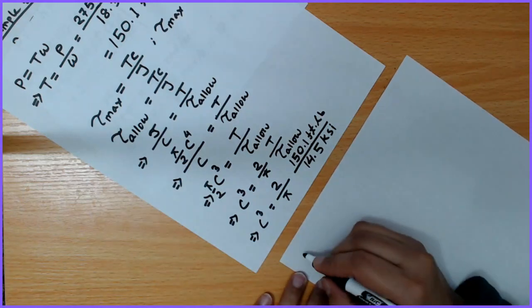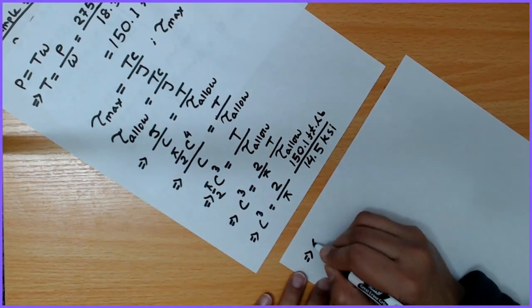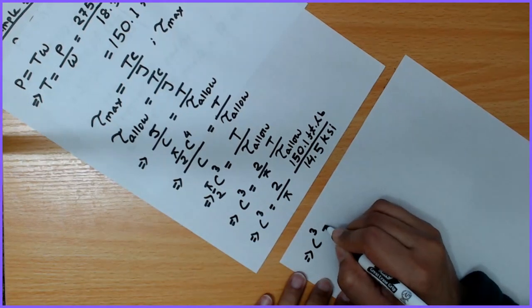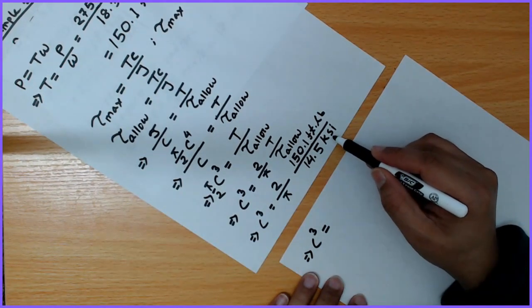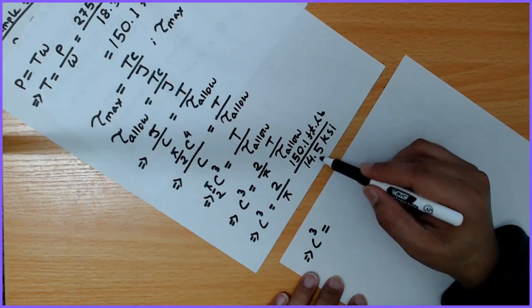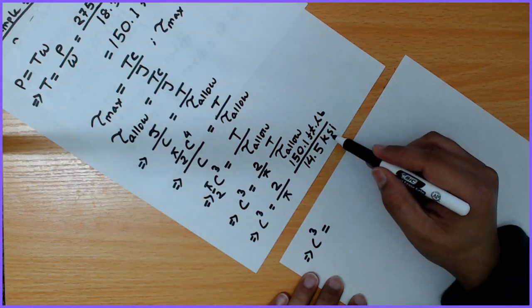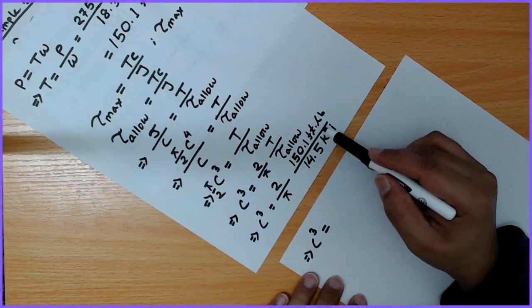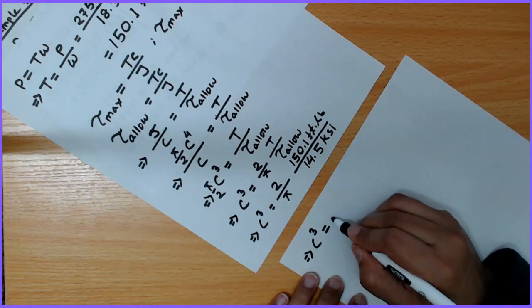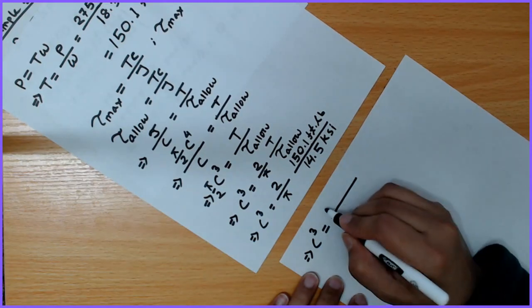Now for C cube, I need to be consistent with the units. It's kilo pounds per inch square, 14.5 kilo pounds per inch square, but my torque is in feet pound, so I have to convert feet to inch.